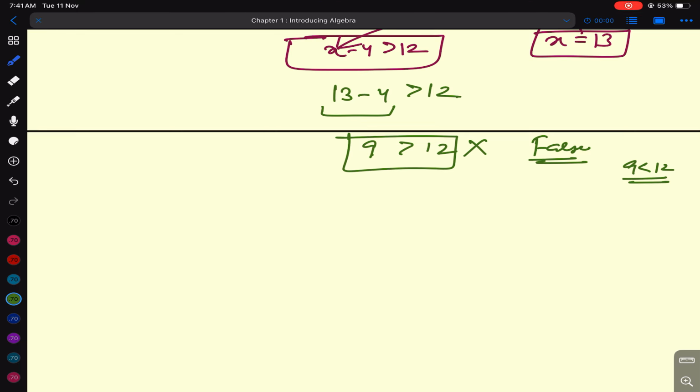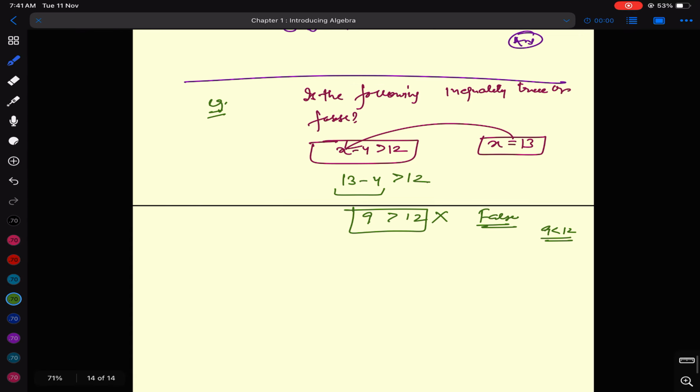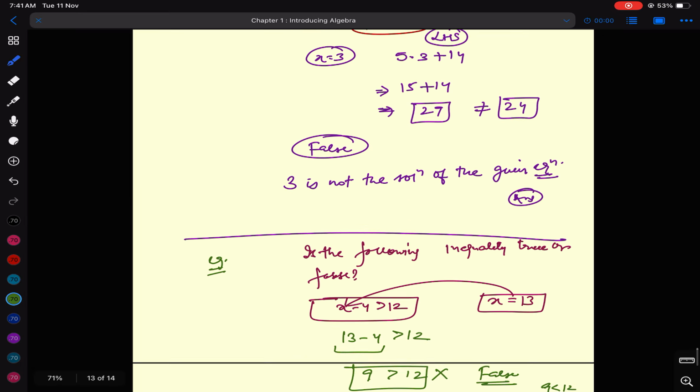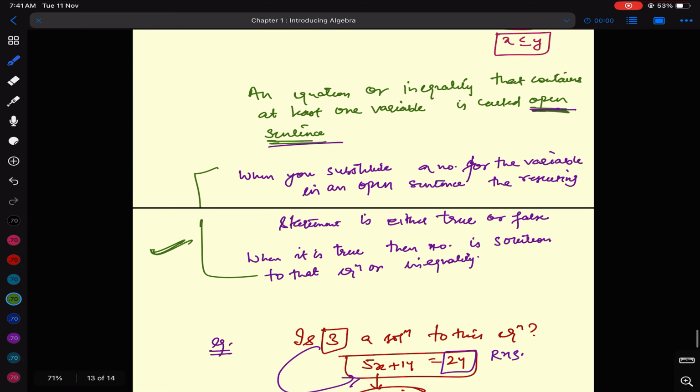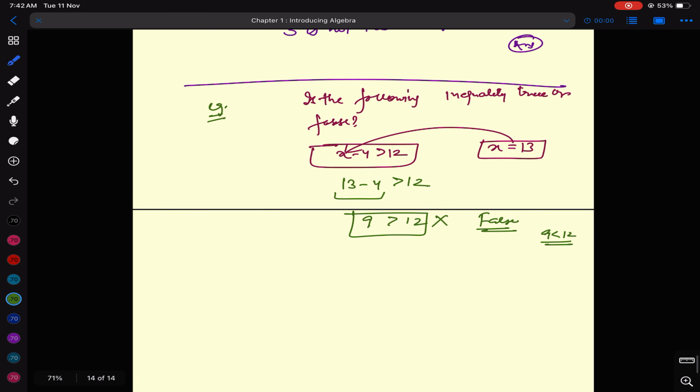So what can we say about this? That x equal to 13 is not a solution of this inequality, or you can say the open sentence. Why? Because here the open sentence was based on an inequality. In the last example we had an open sentence based on an equation, right? Whenever it turns out to be true, that is when it is a solution, otherwise it is not.